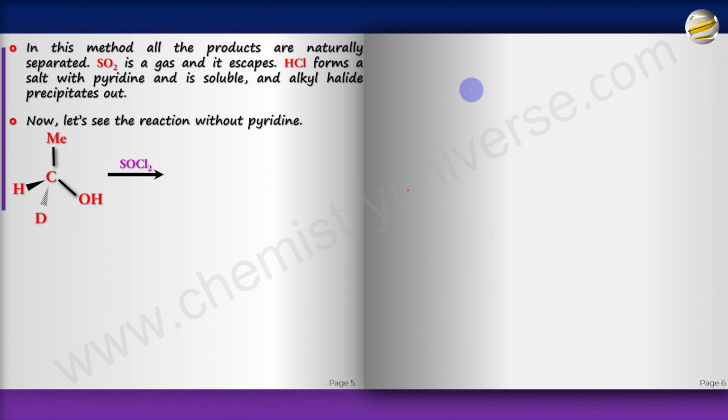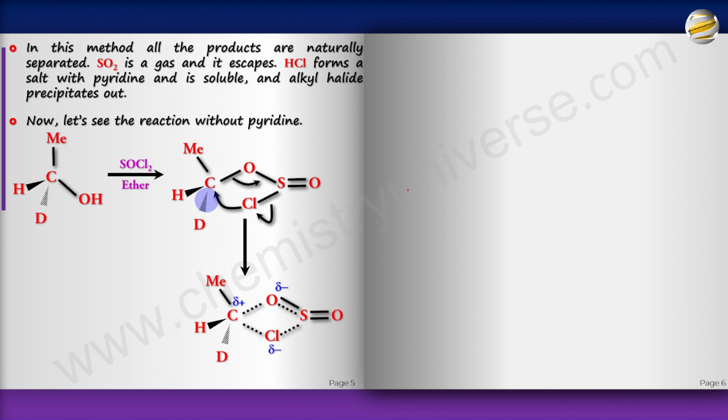But since there is no pyridine, what happens is the Cl of this SOCl2, one of the Cls left, will attack this carbon from the same side, and from the same side the O will leave, forming SO2. And now you will get a transition state like this, and eventually this will break into a compound with retention of configuration.